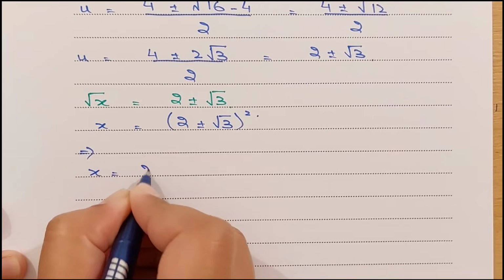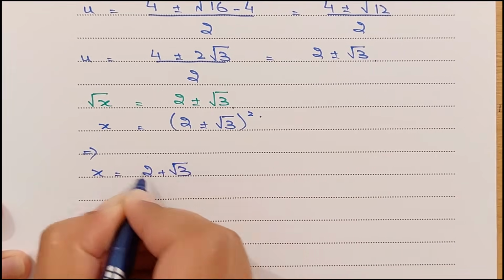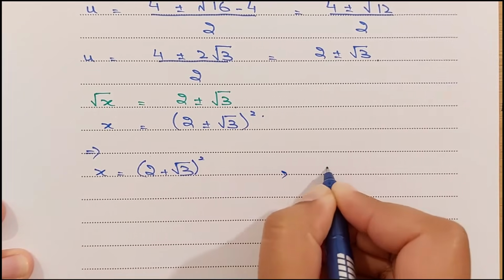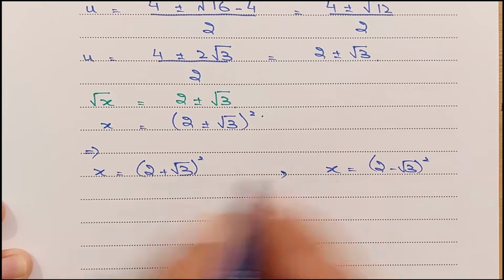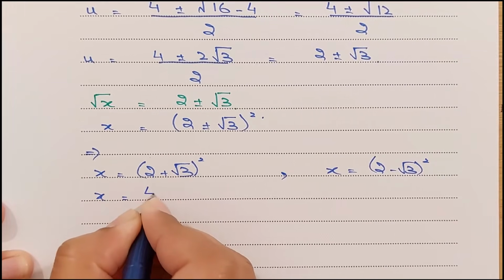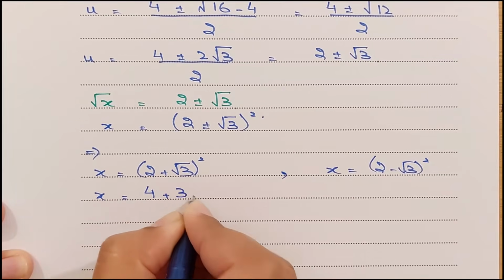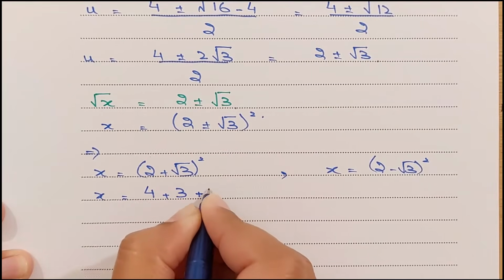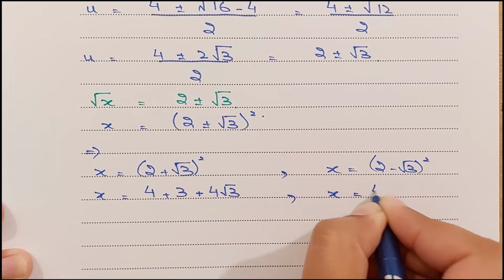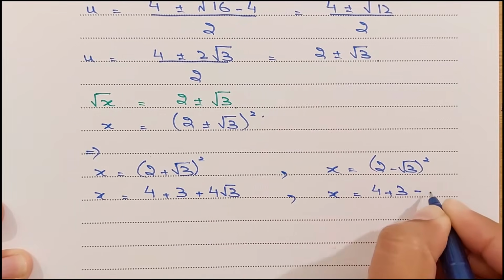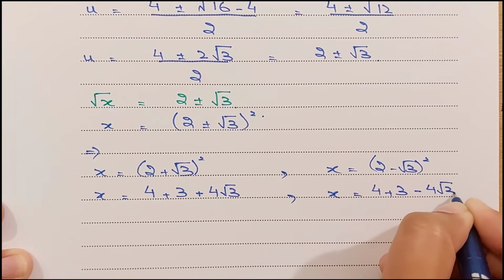Here we have two solutions. x equals 2 plus square root of 3 whole squared, and x equals 2 minus square root of 3 whole squared. Here x is equal to 2 squared is 4, square root of 3 squared is 3, plus 2ab, so 4 square root of 3. And x equals 4 plus 3 minus 4 square root of 3.